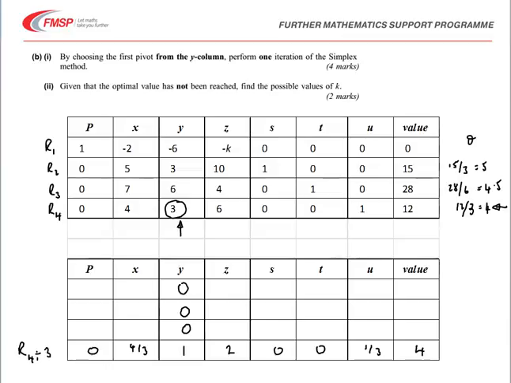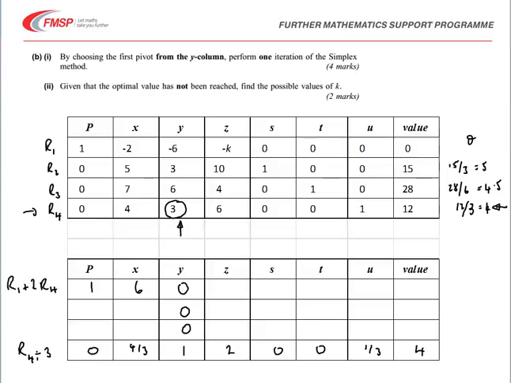The other rows we can do by adding multiples of row 4 to each of row 1, row 2 and row 3. If we look at row 1 first of all, it's -6, so we'd take row 1 plus 2 lots of row 4, and that will produce a 0 in that. Now if we do that, we get 1, and then -2 plus 8 gives us 6.